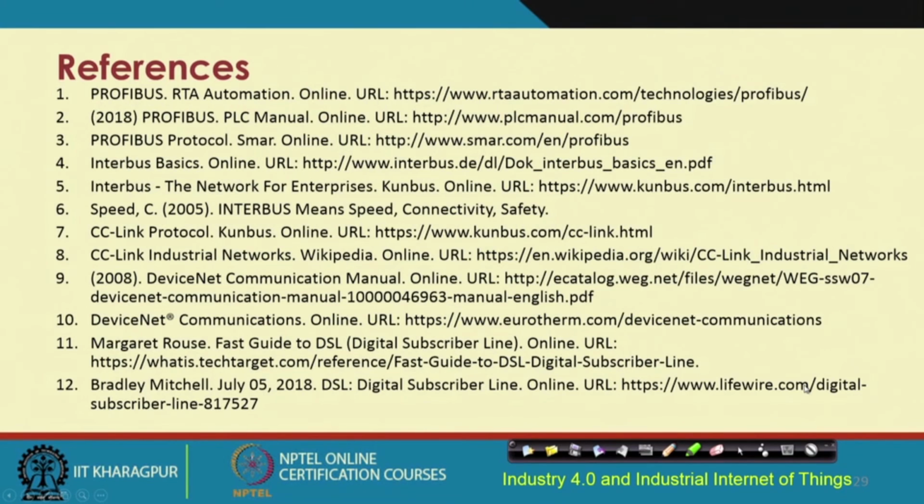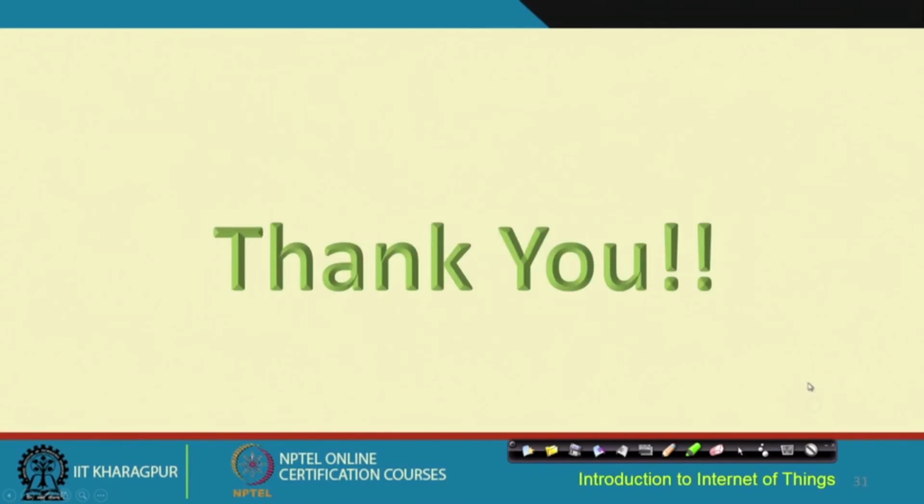So, these are some of the references for the protocols that we have discussed in this lecture. I would encourage you to go through these different references, and you could search for even more and try to understand these technologies even further. With this we come to an end.